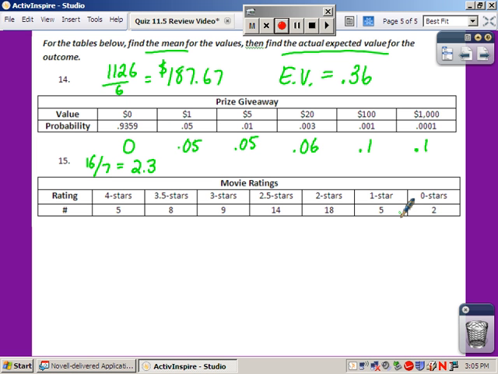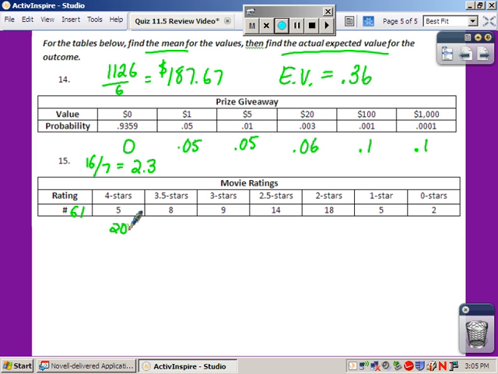So just looking at it really quickly, I've got 25, 30, 44, 52, 61 total. Now I need to multiply these together, just like I did above it.